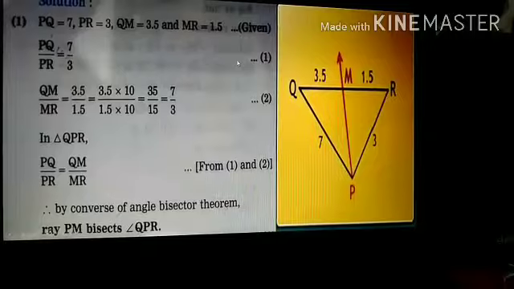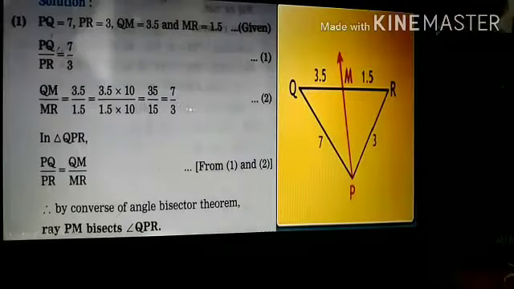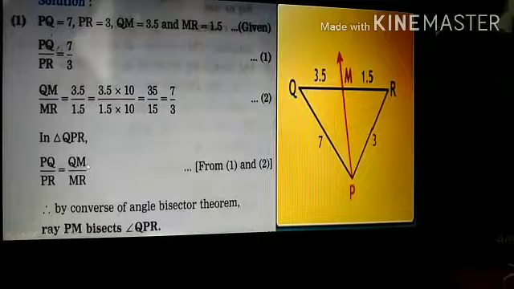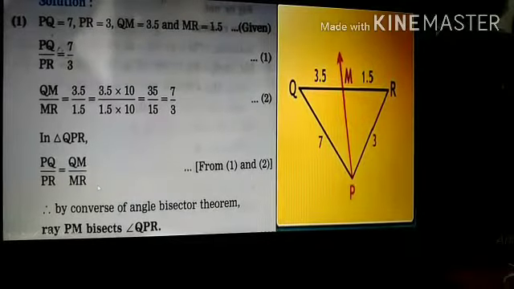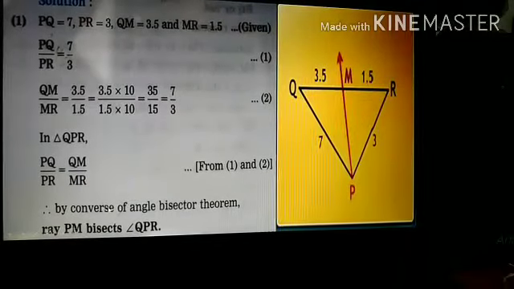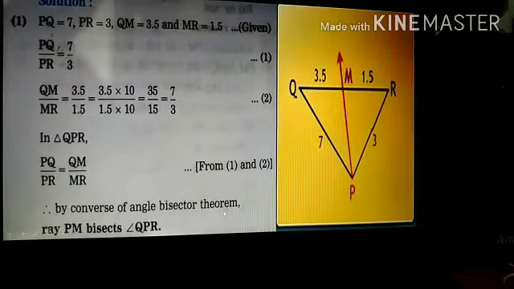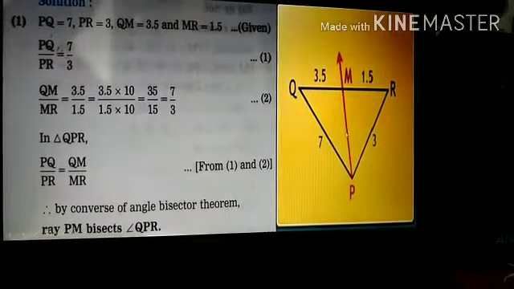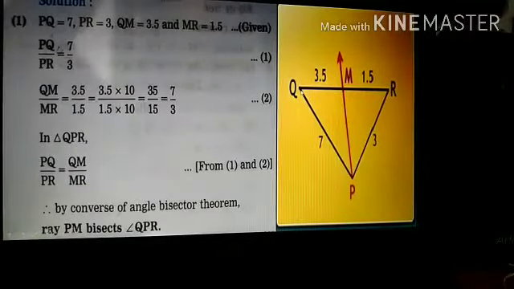So from 1 and 2, we get the ratio PQ upon PR is equal to ratio QM upon MR. Thus, by converse of angle bisector theorem, we can say ray PM is a bisector of angle QPR.